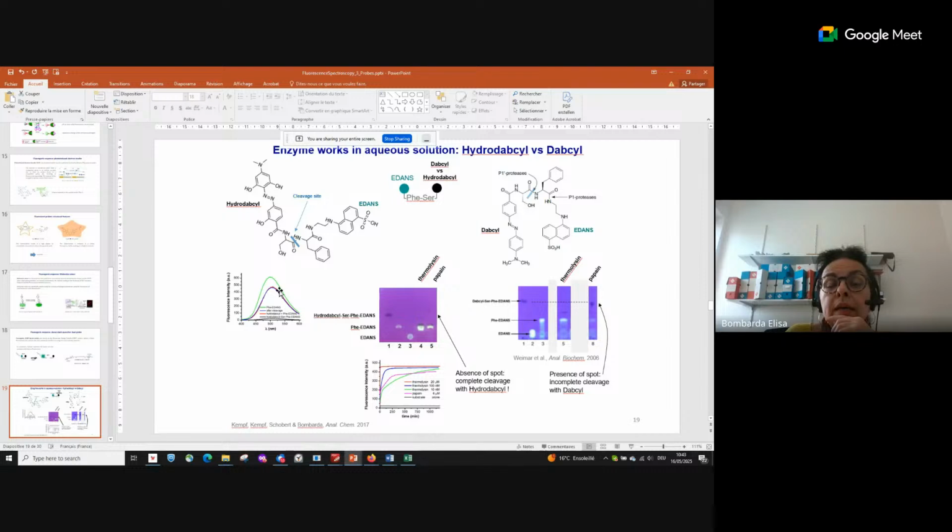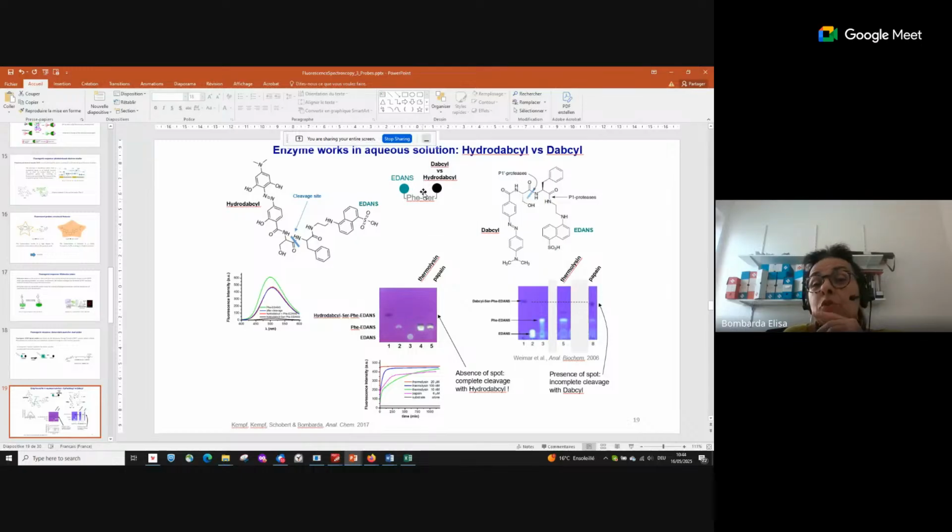We tested this new dark quencher and compared it to Dapsil using this particular substrate, which is the cleavage site of thermolysin, an enzyme that cleaves between phenylalanine and serine.